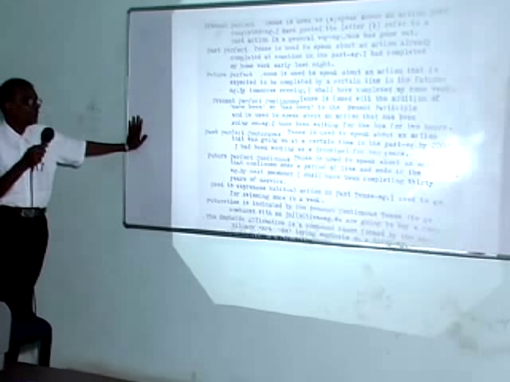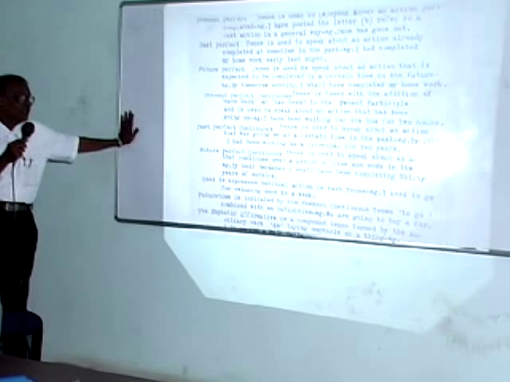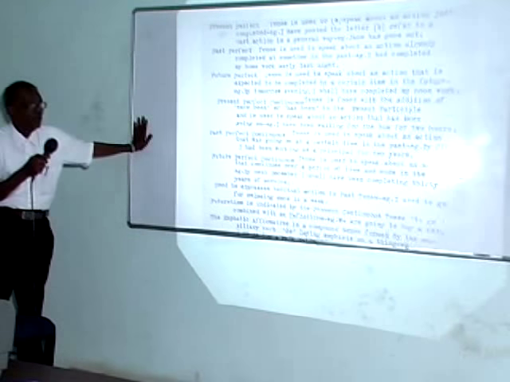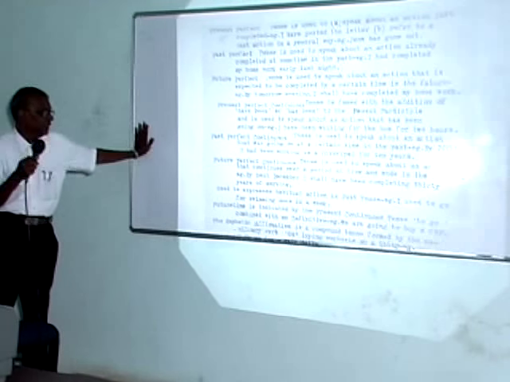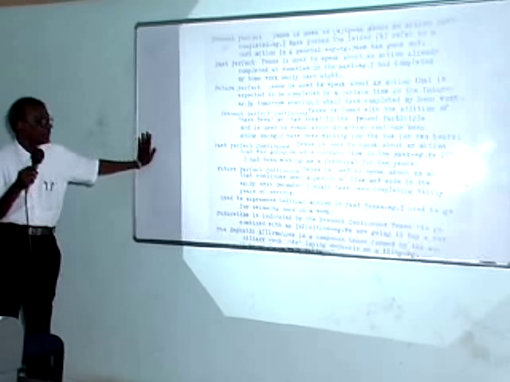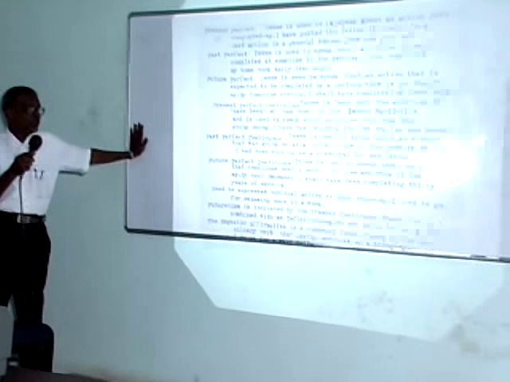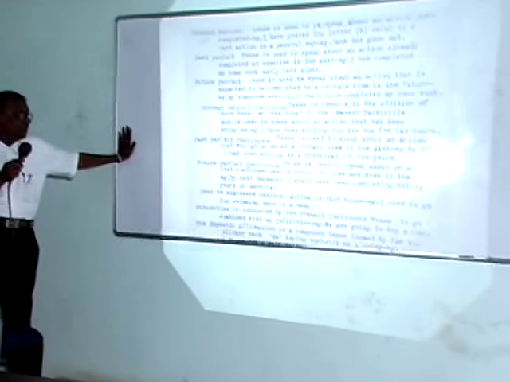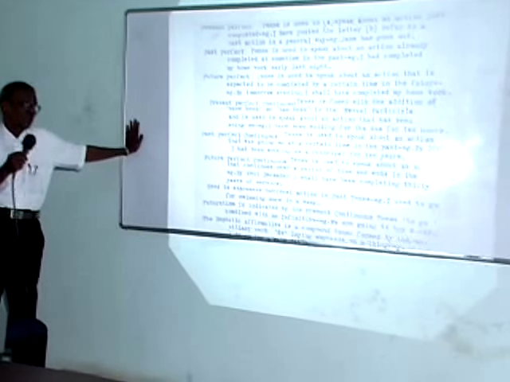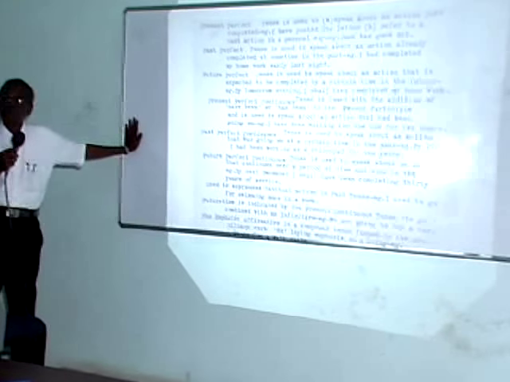Past perfect continuous tense is used to speak about an action that was going on at a certain time in the past, as in, by the year 2008, I had been working as a principal for 10 years. Future perfect continuous tense is used to speak about an action that continues over a period of time and ends in the future, as in, by next December, I shall have been completing 30 years of service.